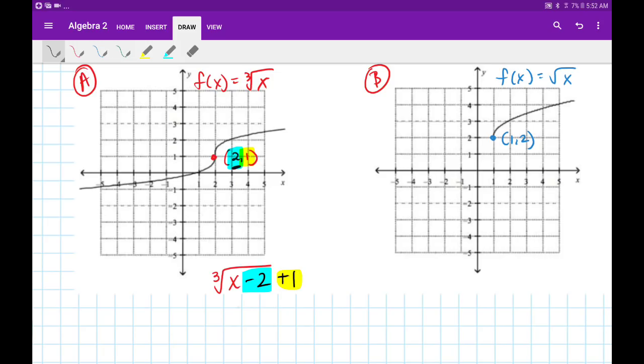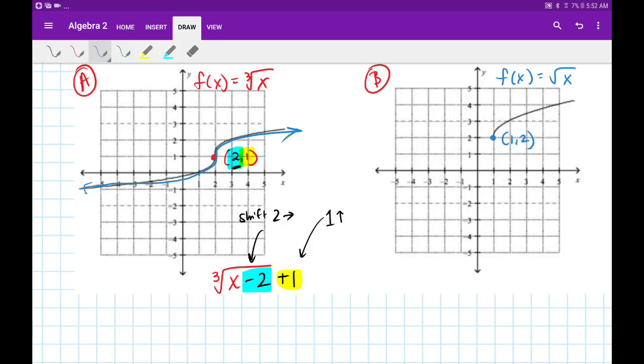This shows that I'm being shifted 2 units to the right, and this shows that I'm being shifted 1 unit up, which is what's happening. I'm going to the right and then I'm going up. So, last thing to check, is this being flipped?